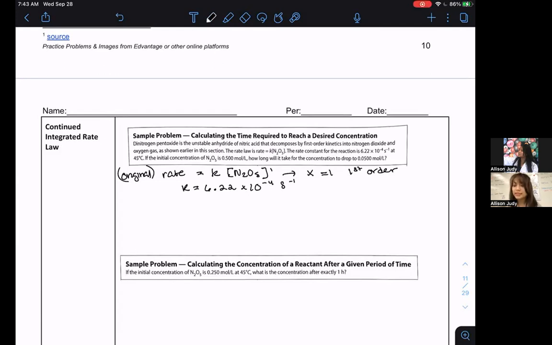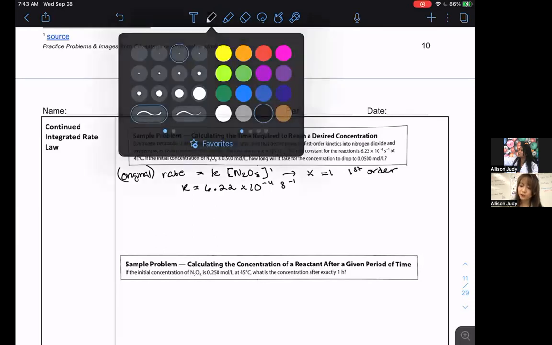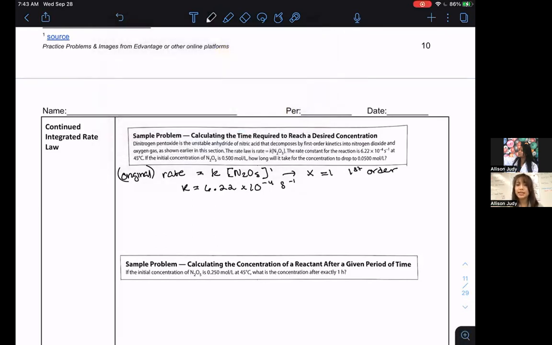Now I'm going to integrate for this first order reaction. According to my integrated rate law for first order reactions, I do some derivations, I get to natural log, and I get a linear relationship between concentration and time. I extrapolate from rate and go straight to time. So I plug and chug.